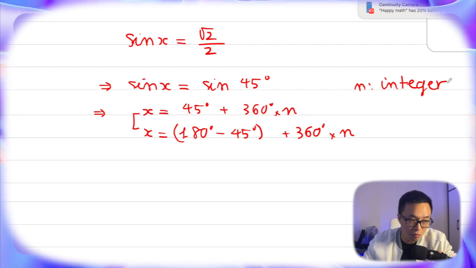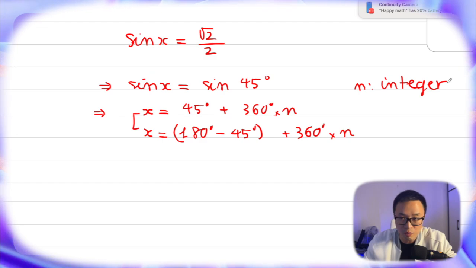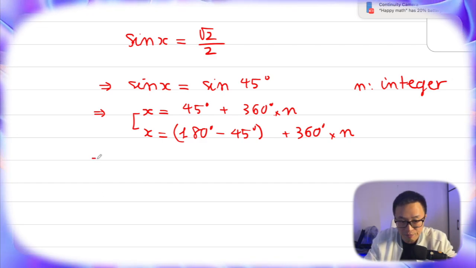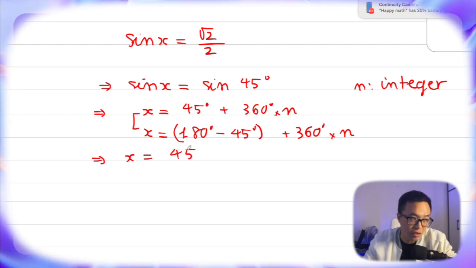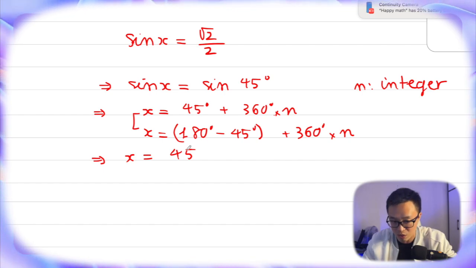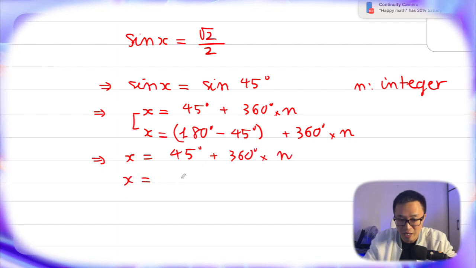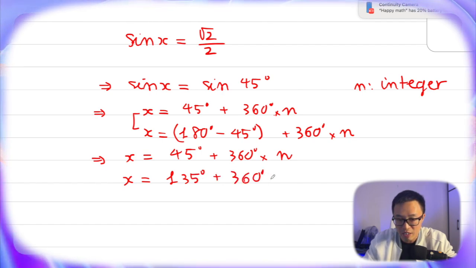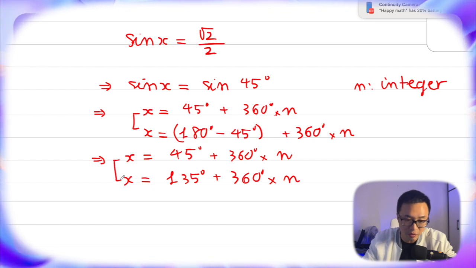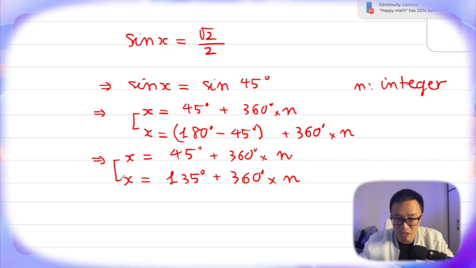Maybe you get 0, maybe positive 1, 2, 3, or maybe negative 1, negative 2, negative 3, negative 4. Yeah, and you get two solutions. This is not two solutions, this is a family of solutions. A family of solutions means you have a lot of solutions represented by the formula. The first is 45 degrees plus 360 degrees multiplied by n, and the second one will be 135 degrees plus 360 degrees multiplied by n.